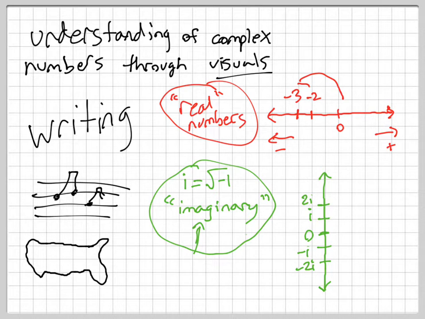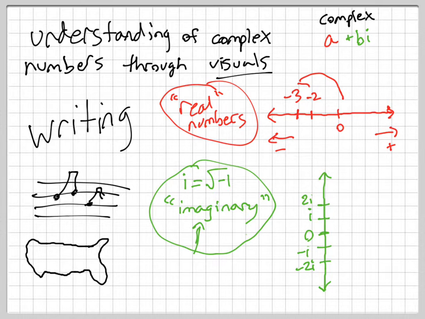But there's another type of number that we've seen, which is what we get when we combine together real and imaginary numbers. And this is the space of complex numbers. So how can we visualize a picture of complex numbers?